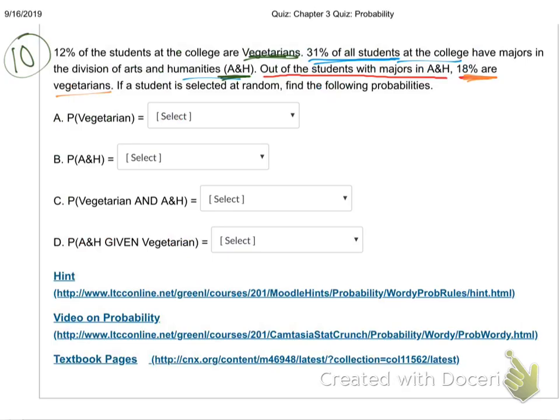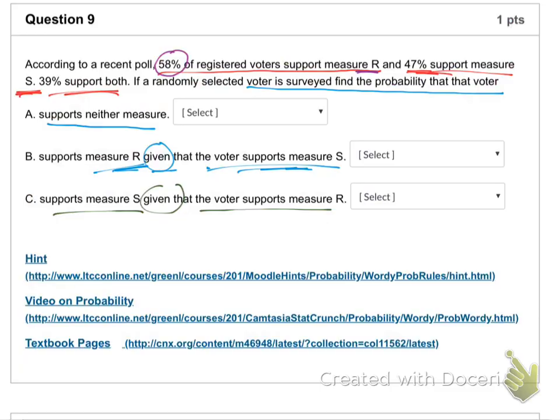Let me go back here for a second. See how it's different than number 9? See the wording on number 9? It says 58% of registered voters are R, 47%, same thing, S, and 39. Those are all of the registered, of the registered, of the registered. They're all out of the same group, aren't they? They're out of everybody. On question 9, those percentages are all from the whole population, aren't they?